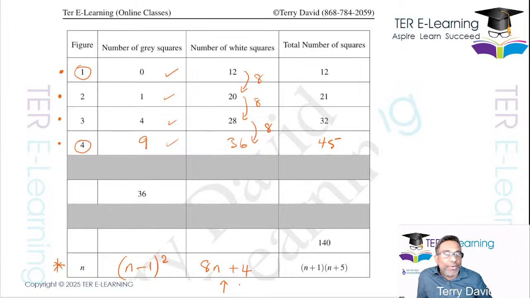Some of you are wondering how to get that. Anyways, all we're going to do is use that information to work out this thing here. So 8n plus 4, that's going to be our formula.